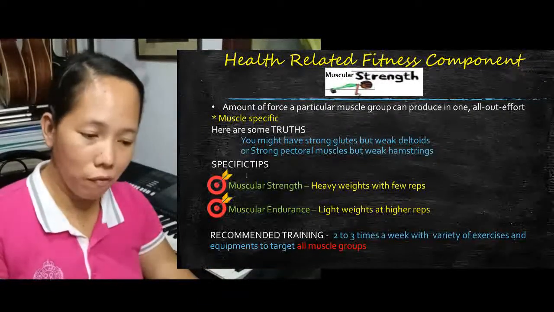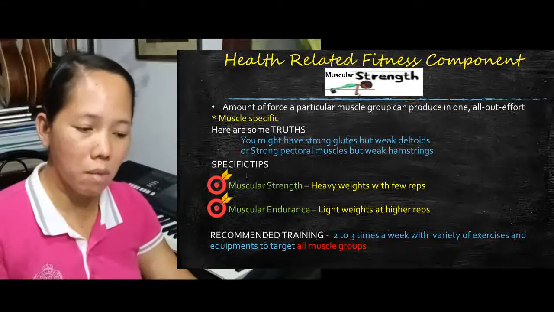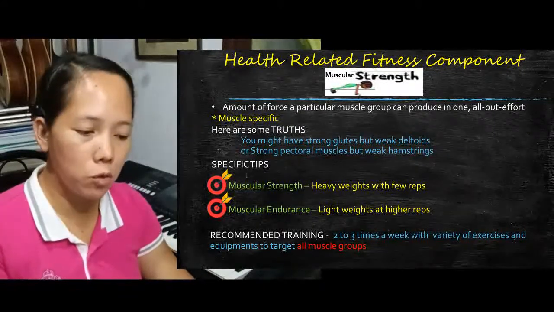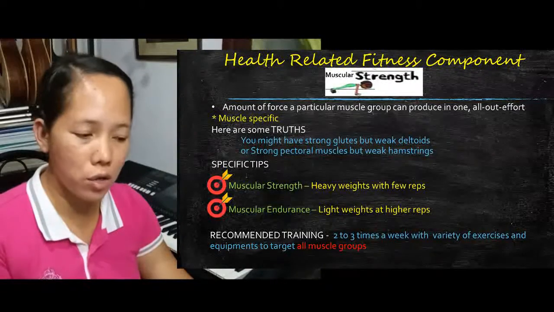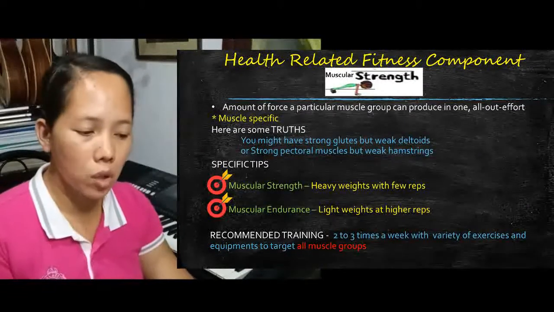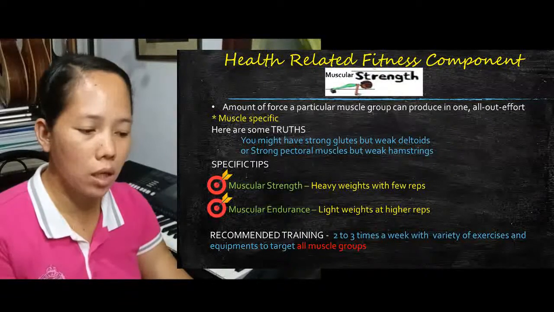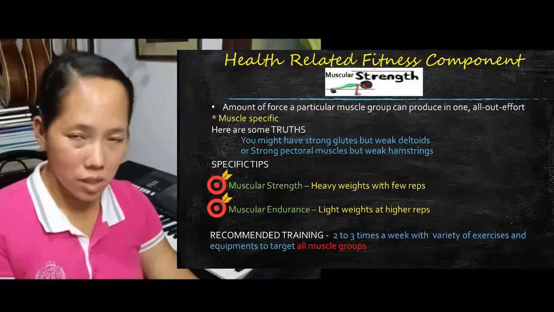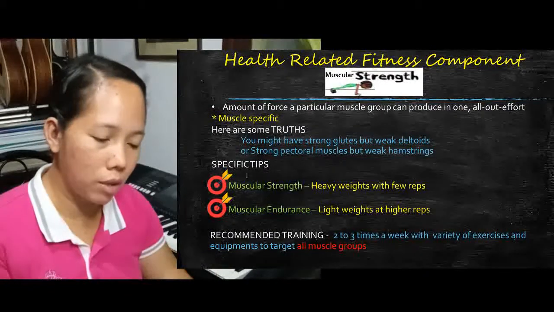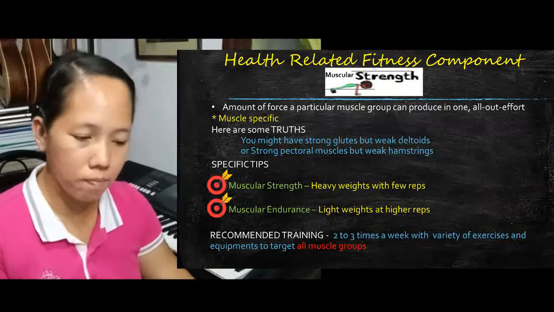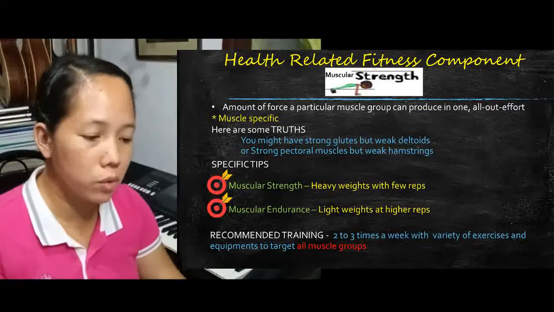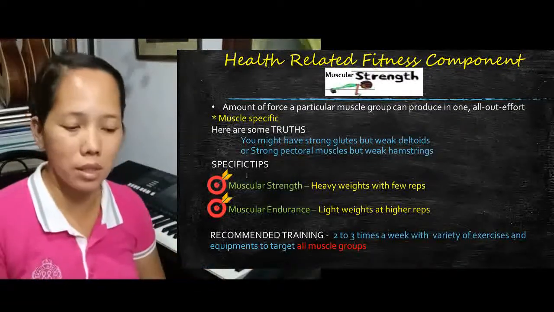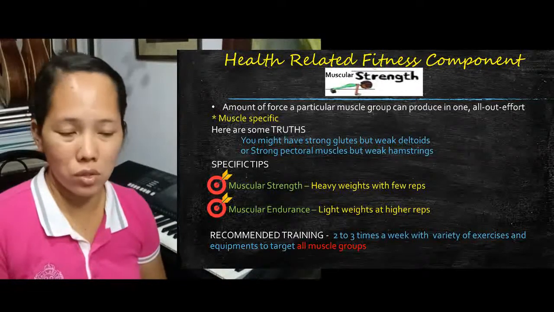Now, if your direction is towards muscular endurance, na, then you will be doing light weights at higher repetitions. So, light weights lang siya, pero kadaghan ang repetitions. Okay. Now, still recommended from the American College of Sports Medicine, recommended training daw kay 2 to 3 times a week with a variety of exercises and equipments to target all muscle groups.